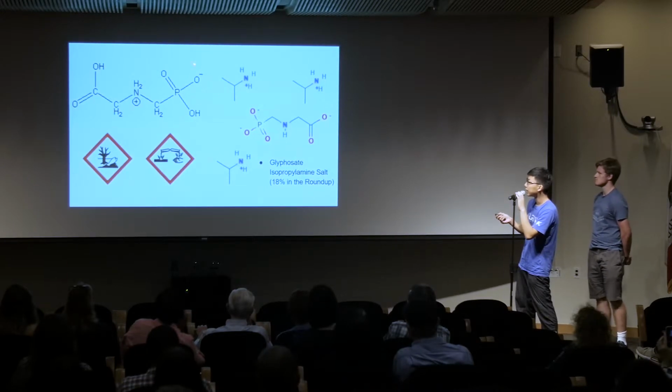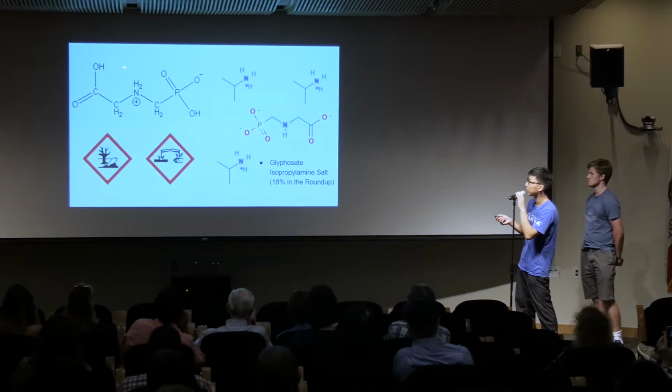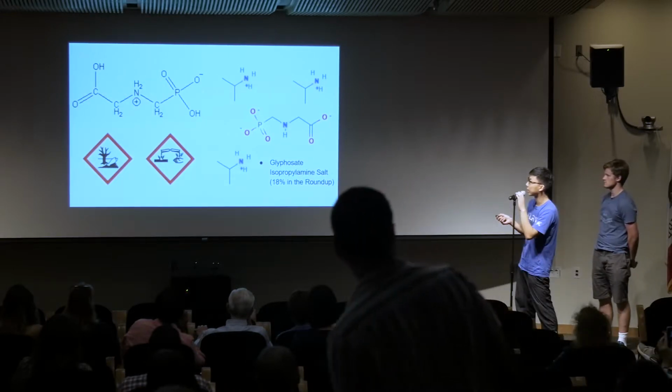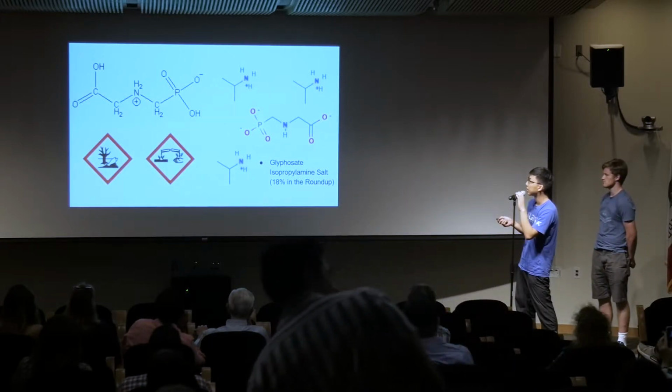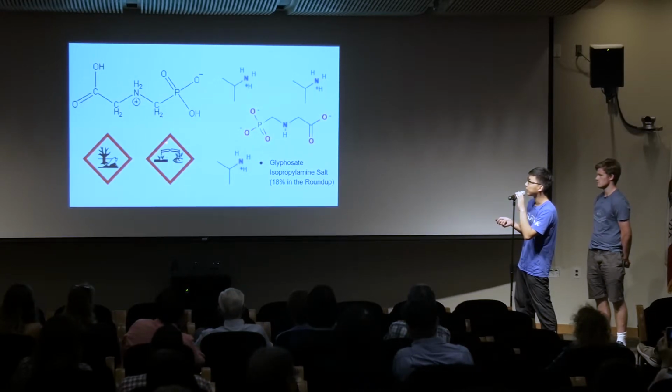Naturally, the most acidic part may donate 1 proton to the most basic part, so glyphosate may look like this. But in Roundup, it is actually glyphosate isopropyl salt, which looks like this. Because of this, glyphosate is corrosive, and it may also be harmful to the environment.